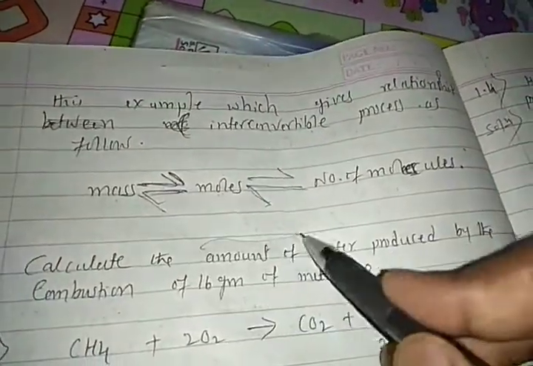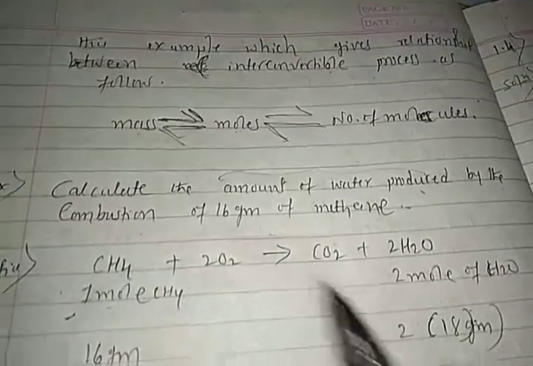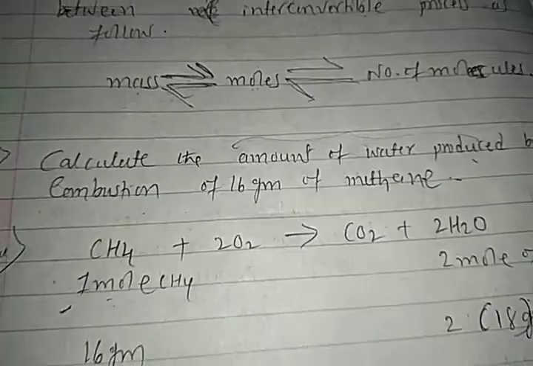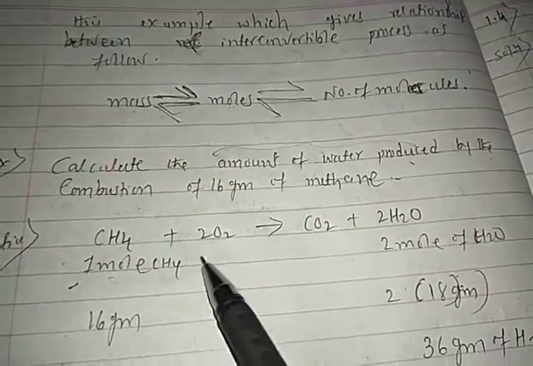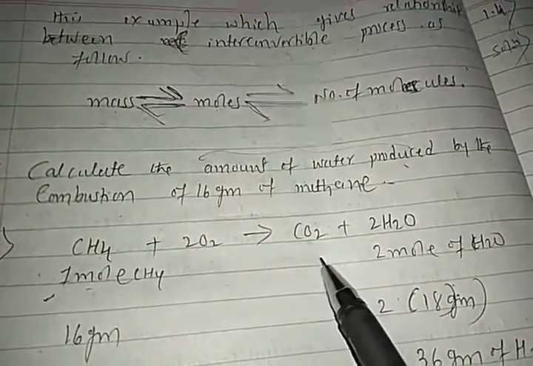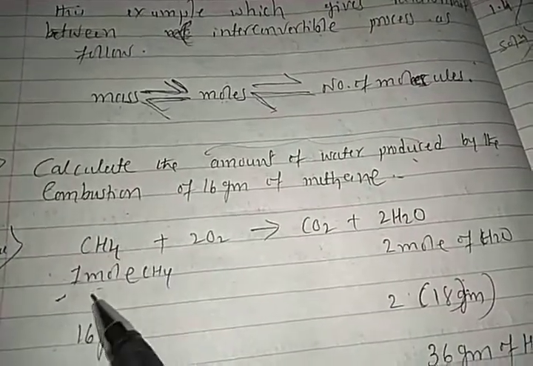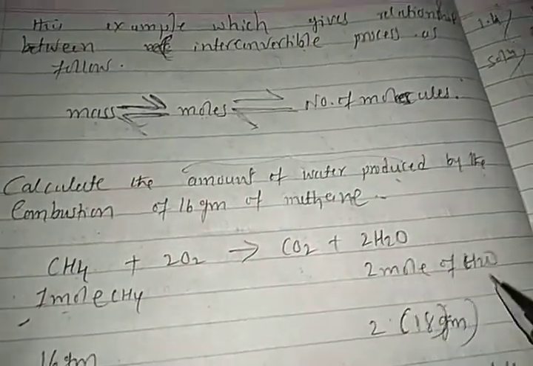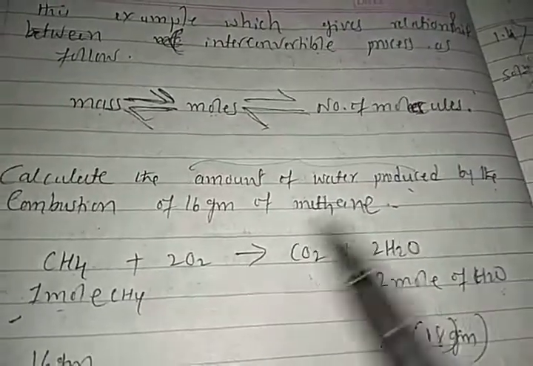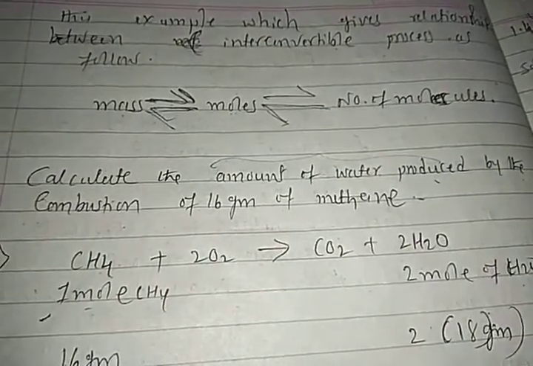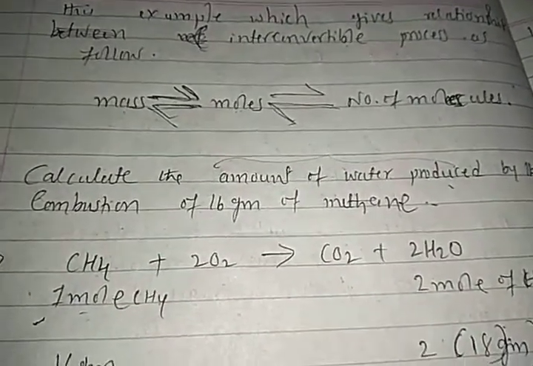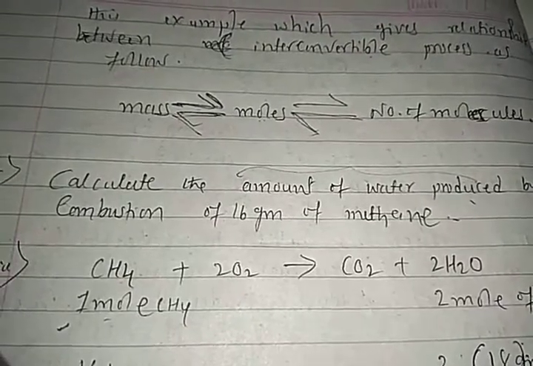Here we are considering only methane and water, so I have not written the oxygen and carbon dioxide values in this example. 1 mole of methane produces 2 moles of water. Amount of particles means how many grams are produced here, weight, mass.